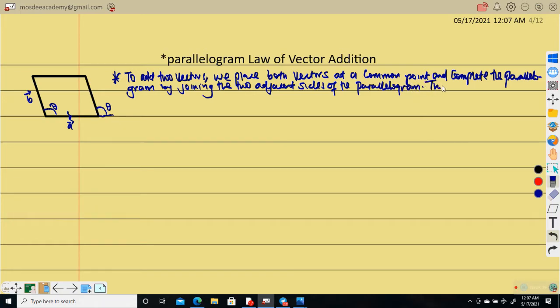So the diagonals, because there are two diagonals in your parallelogram, the diagonal between these two vectors gives the addition and subtraction. So this we call the parallelogram law of vector addition and subtraction.